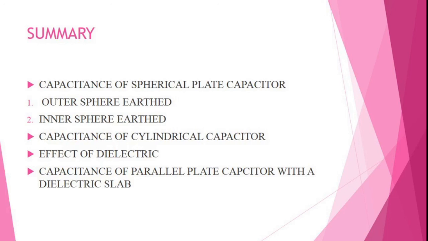If it is fully filled with a dielectric slab, what is the expression for capacitance? It is epsilon 0 epsilon r A by d. With air as medium, it is epsilon 0 A by d. With a dielectric medium, epsilon 0 epsilon r A by d. If it is partly filled with a dielectric slab, the expression is epsilon 0 A divided by d minus t plus t by epsilon r.